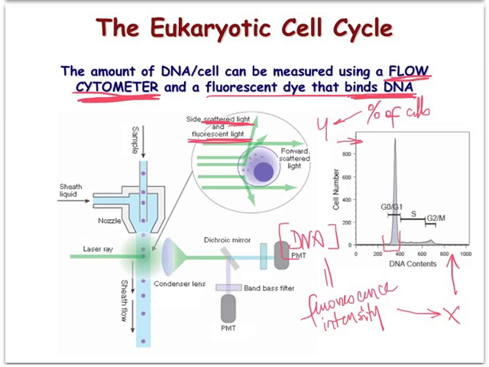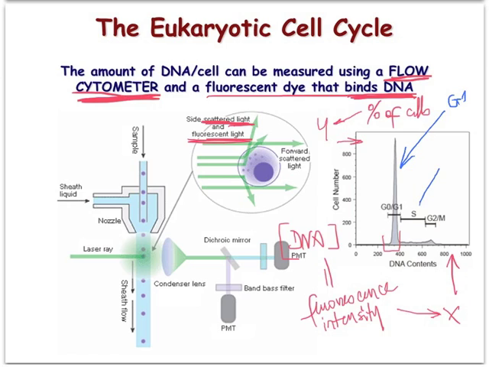Remember, the DNA concentration will be determined by the intensity of the fluorescence. The profile presented in this particular figure represents the typical profile of any mammalian cell line maintained in tissue culture. The biggest peak corresponds to the cells that are in the G1 stage of the cell cycle.